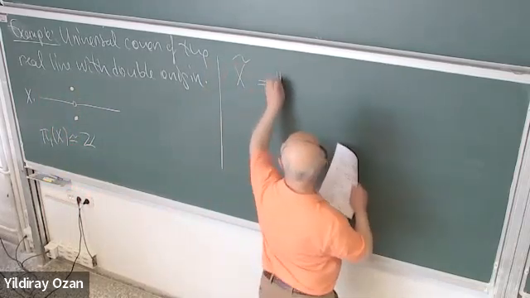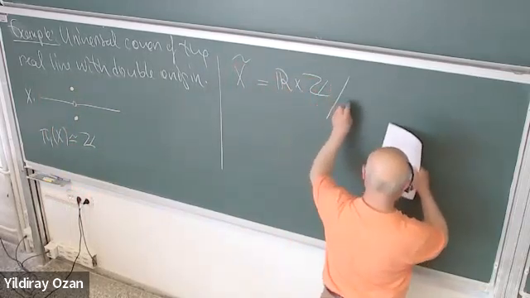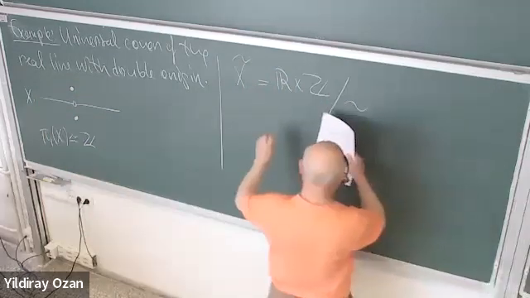And X tilde is defined this way. Let me just write down the construction. It is R cross Z divided by the following equivalence relation.